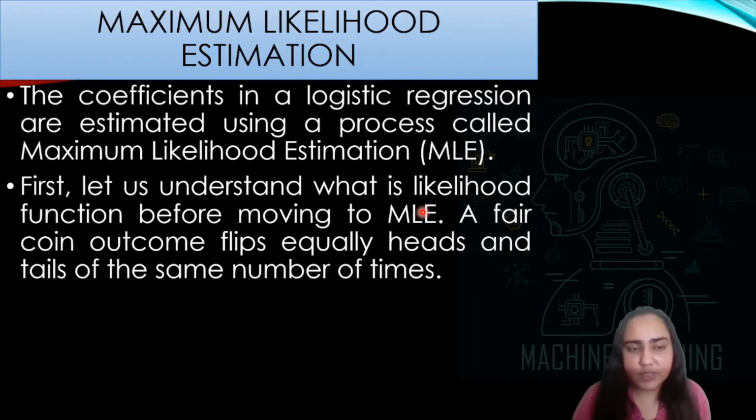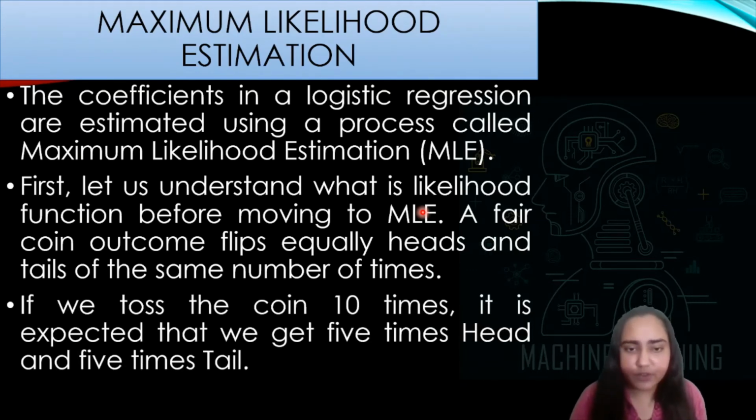Okay, so let's say a fair coin flips heads and tails the same number of times, right? If you have a fair coin, you have equal chance of getting heads or tails. If you toss the coin 10 times, it is expected that 5 of those will be heads and 5 of those will be tails. That's what you expect.